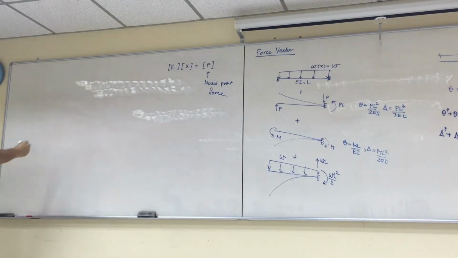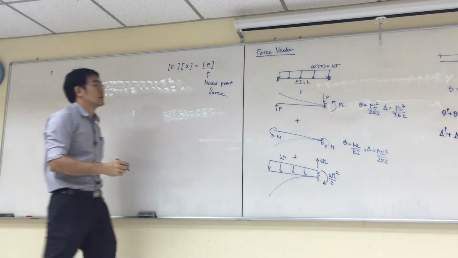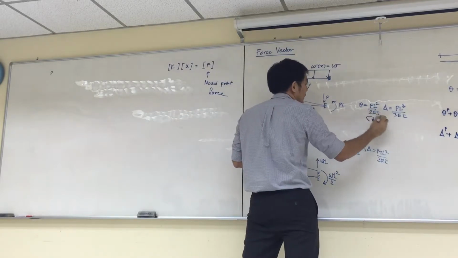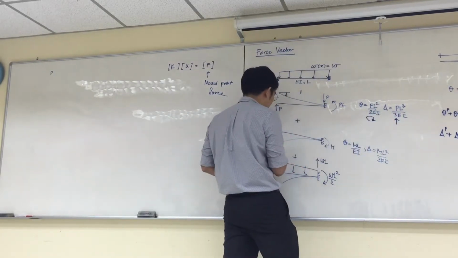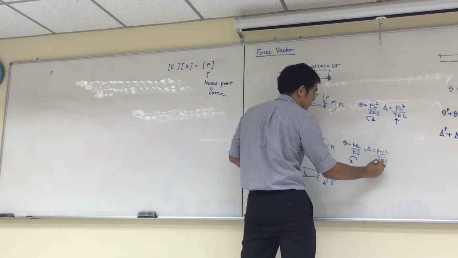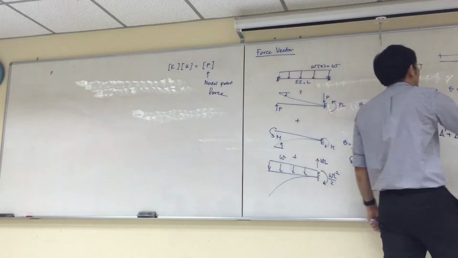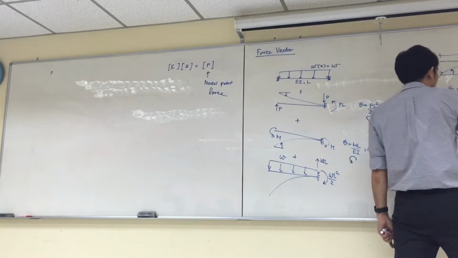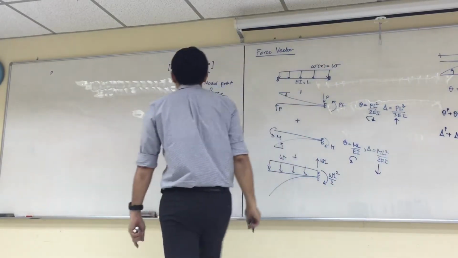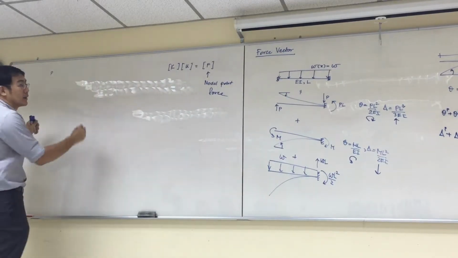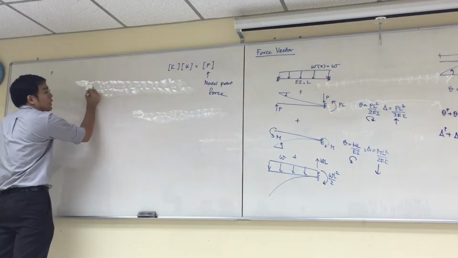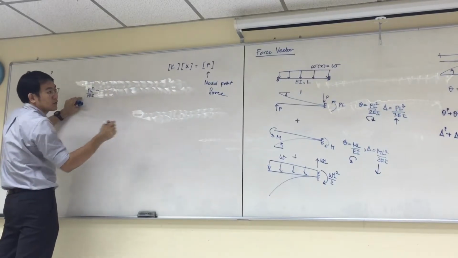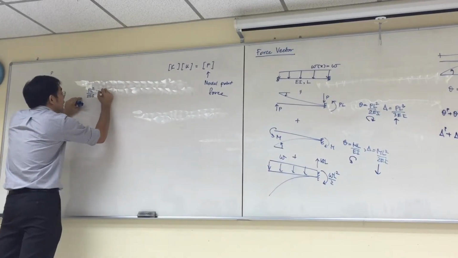First, theta, knowing that the P produces upward, the M produces downward. So the first condition: PL squared over 2EI, if you want to keep this positive, and then minus ML over EI.